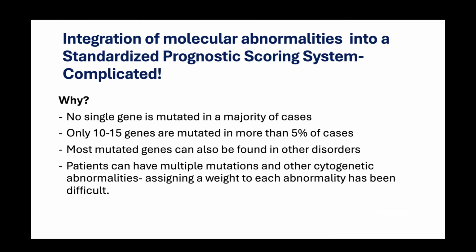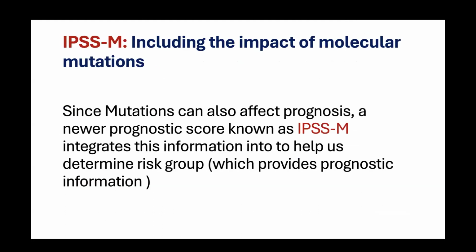And then finally, we can look at each individual mutation and maybe spit out a risk score, but then many patients have multiple mutations. And what does that mean? It often means something bad, but in terms of assigning weight or value to each thing was pretty difficult. So this is still a work in progress, and I believe this will continue to improve.